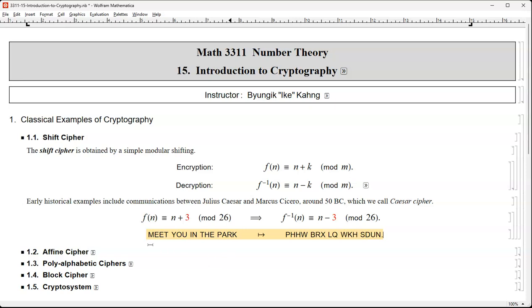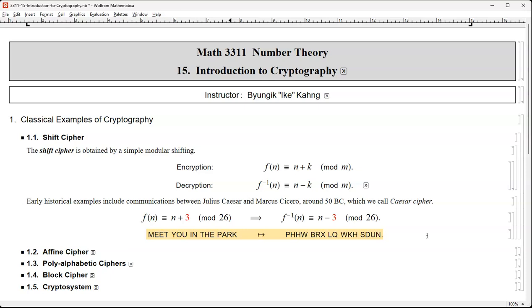Meet you in the park: M becomes N, O, P, so it becomes P, 3 spaces, and E becomes F, G, H, so it becomes H, and then another H. And then look at this Y, it becomes Z, and then back to A, and then B, so we have this. You see, plus 3 modulo 26, etc., and we have this kind of string of alphabets.